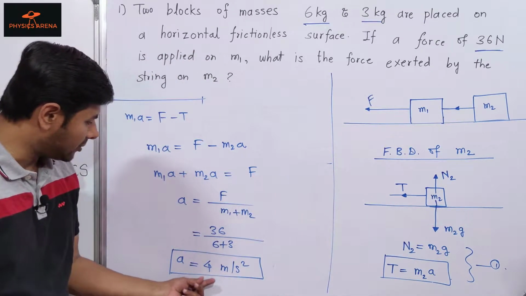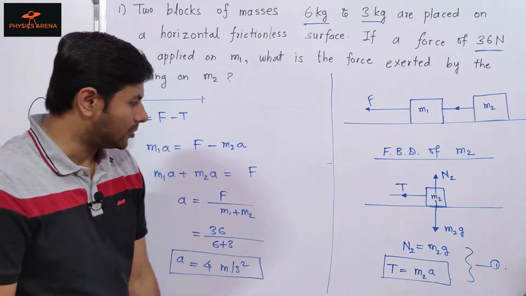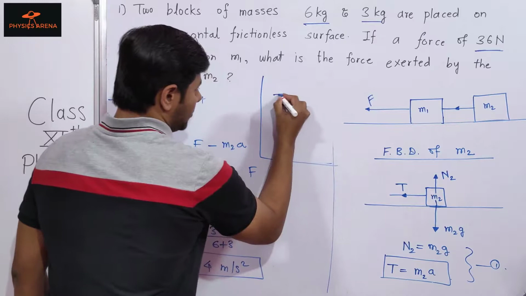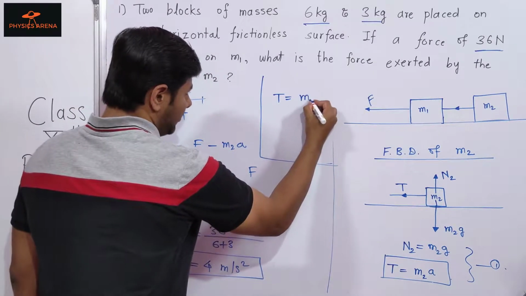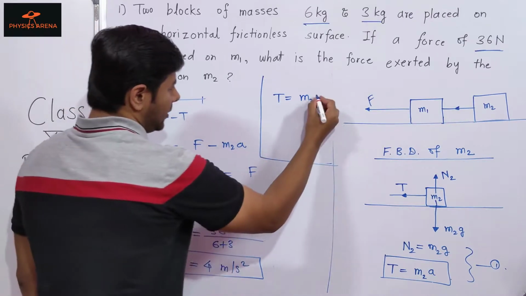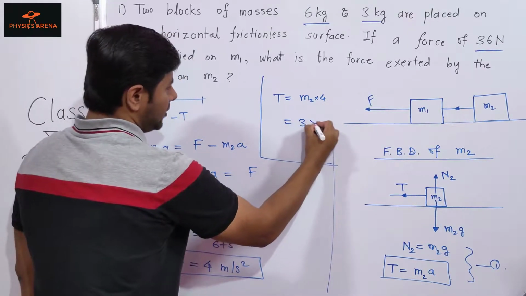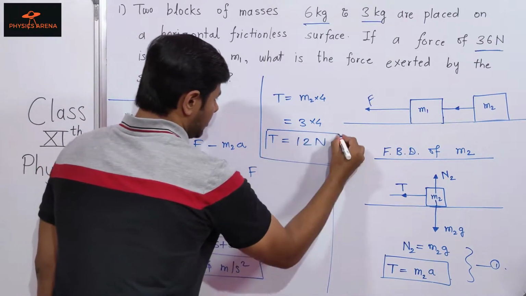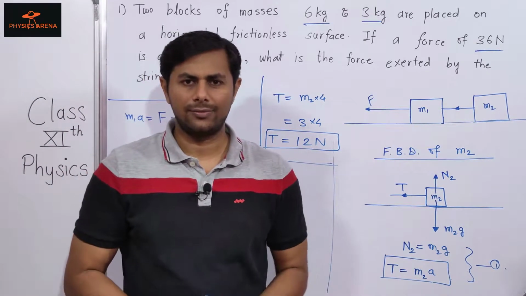We just have to substitute this acceleration in this equation. So T, the force due to string on m2, is m2 times a, and a is 4. m2 is 3, so 3 times 4 is 12 newtons. So the force due to the string on m2 is 12 newtons.